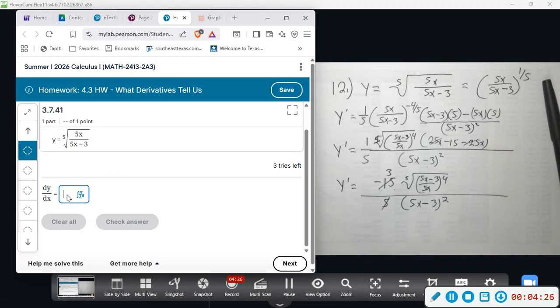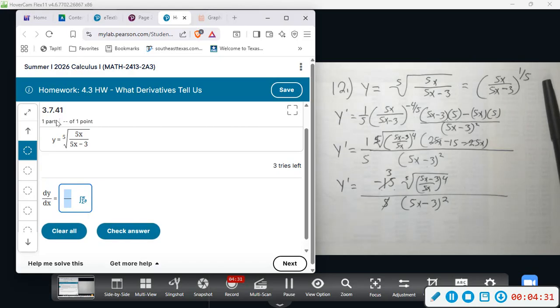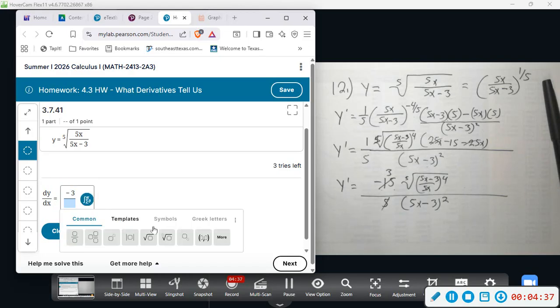Simplified: negative 3, add a root. We have the 5th root.